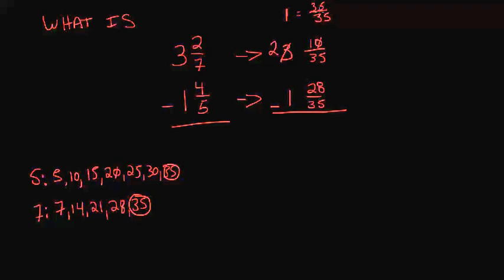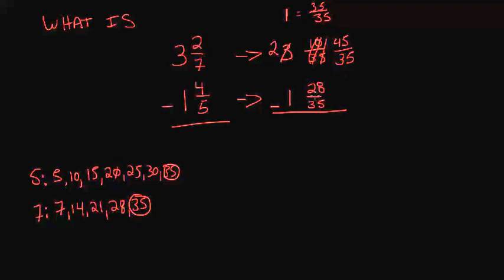So if I add 35/35 to 10/35, that gives me a total of 45/35. And now I can subtract 45/35 minus 28/35. Okay, so let's go ahead and do that.